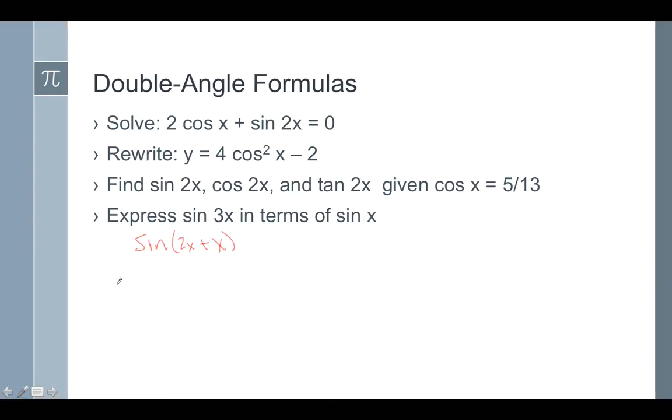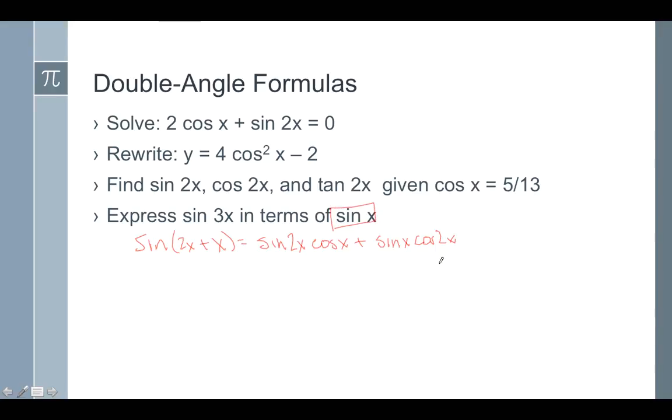And you're going to have to follow along here, obviously. If we get sine of 2x plus x, we can use our sum identity, saying it's sine of 2x times the cosine of x plus the sine of x times the cosine of 2x. And we need to go all the way down to sine.